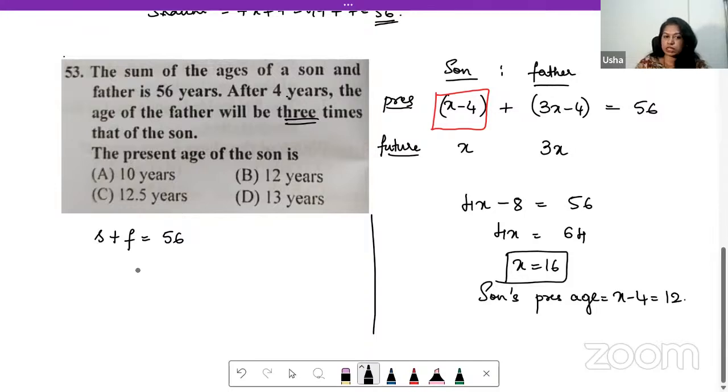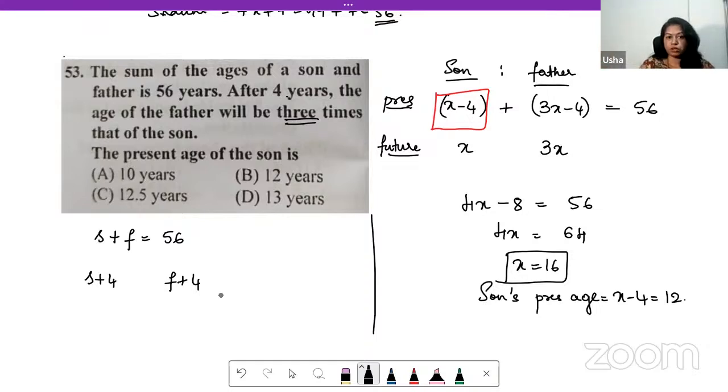Son's age is S, father's age is F. Together it is 56. After 4 years, the age of the son is S plus 4 and the age of the father is F plus 4. Whatever the present age, after 4 years both of them will have 4 years more, right? Their ages would have increased by 4.